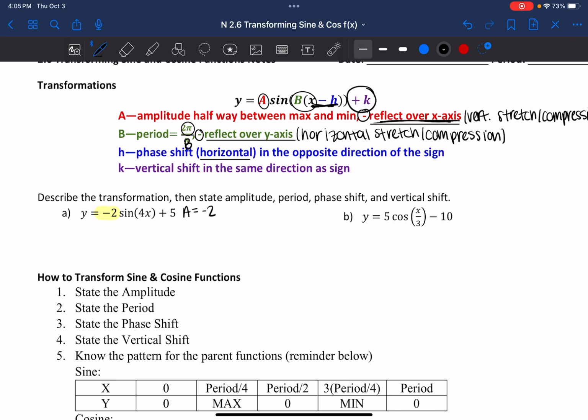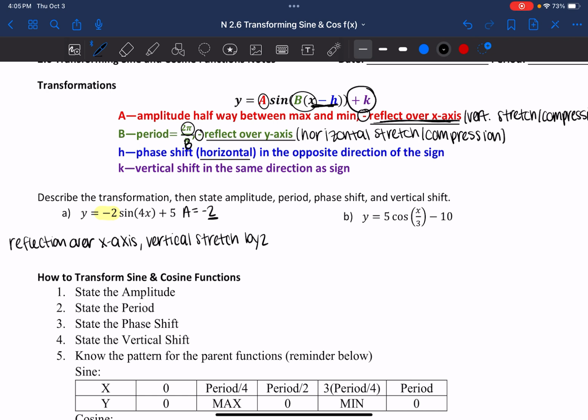So we would have a reflection over the x-axis. And then the number 2 is larger than 1, which is our typical maximum or minimum. So 2 would be an increase. So we would say that this is a vertical stretch to our function by 2.